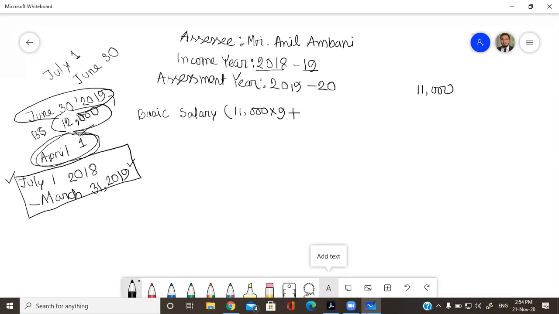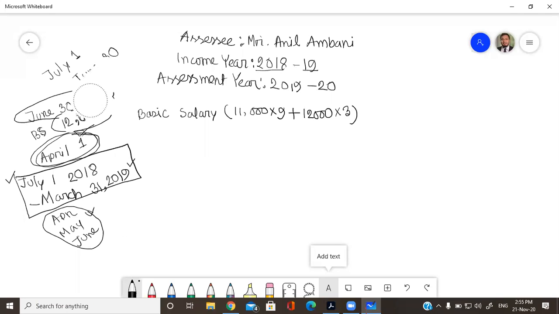And on April 1, as it is the increment date, we can expect that April, May, June, the leftover 3 months during this income year, the salary after this increment, 12,000, was applicable for the remaining 3 months in the income year. 12,000 will continue until the next increment, but for our income year, how many months is it owed for? The answer is 3 months.